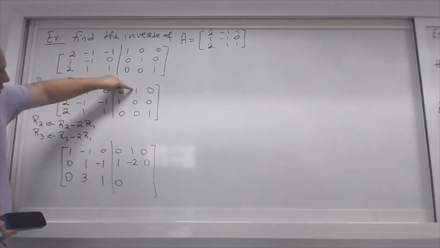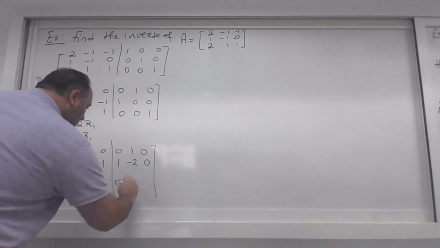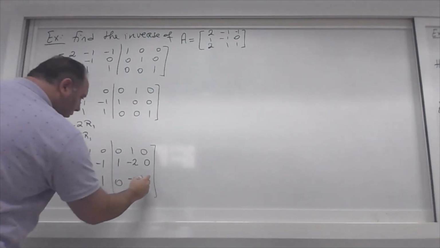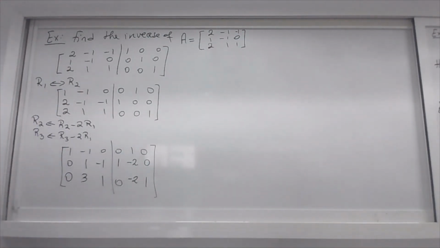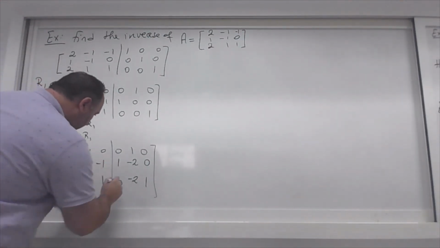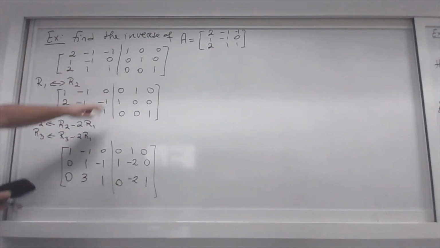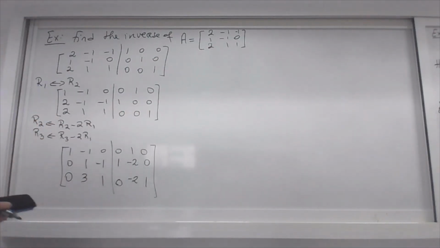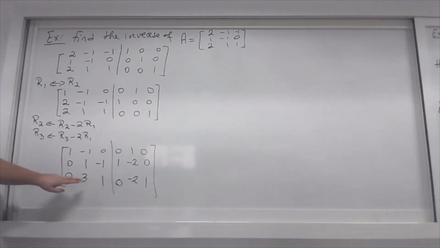So 0 minus 2 times 1, okay. And then 1 minus 0. Good. Again, make sure everything is okay, especially the other part. So 0 minus 2, fine, good. Okay, very successful. Now I have my leading entry here and I'm going to kill this guy.